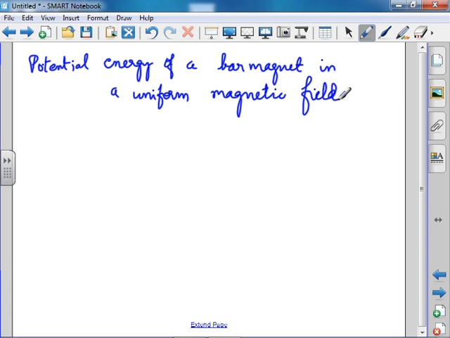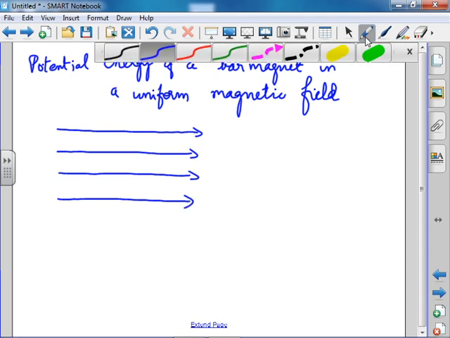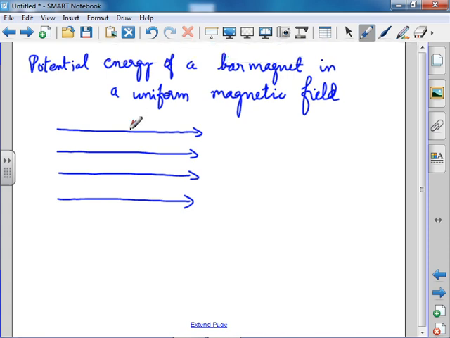It is also a similar topic to the first lesson. What is the potential energy? Let us consider a uniform magnetic field which is represented by parallel lines. A bar magnet is kept in the uniform magnetic field making an angle theta with the field.